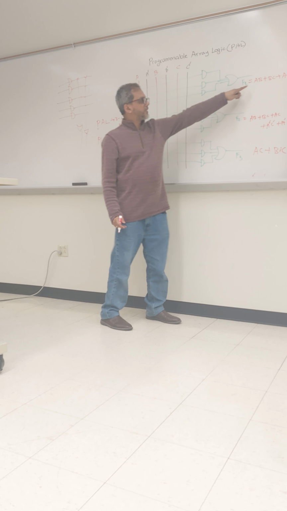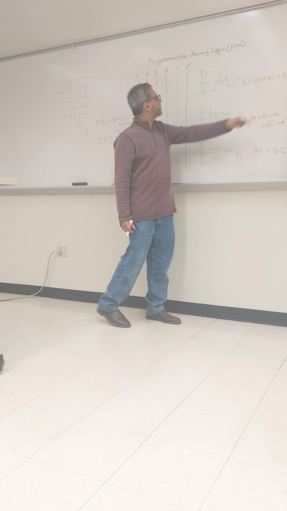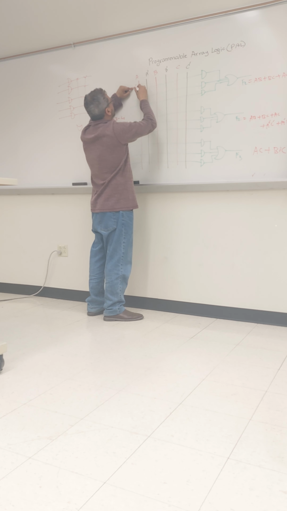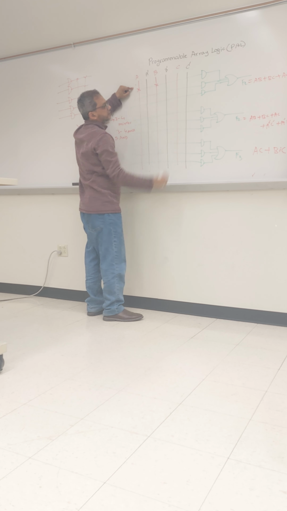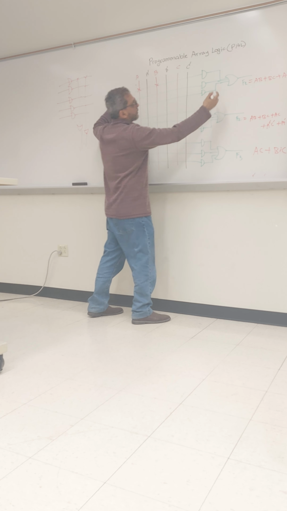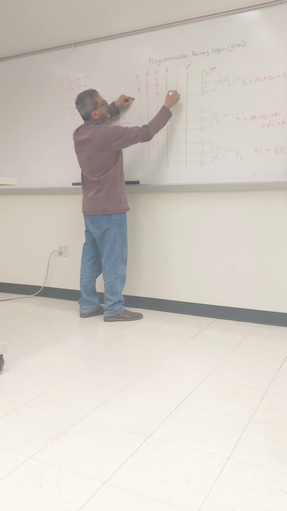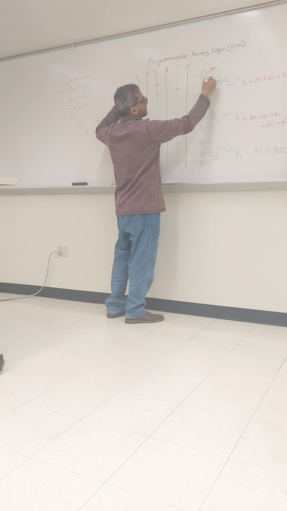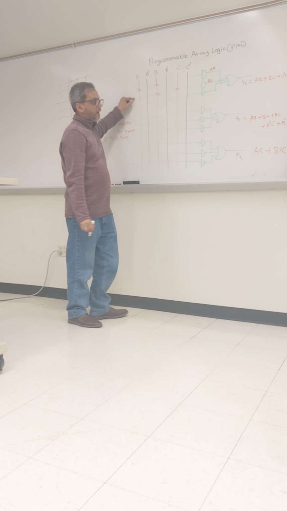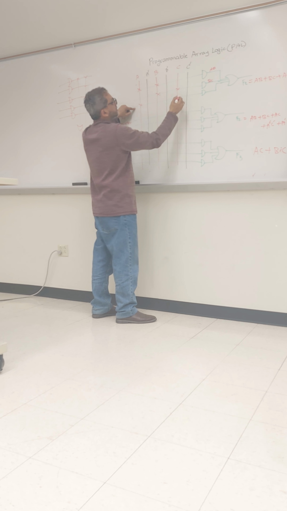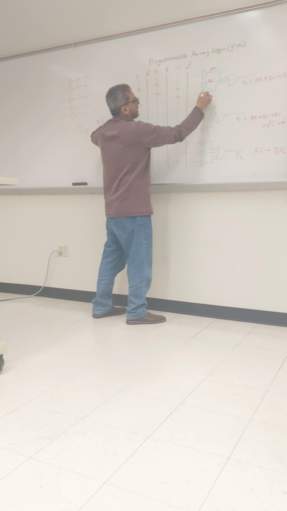So we need to create AB plus BC. Maybe this AND gate can give me AB, so I take A and B. Then this AND gate can produce BC, so B and C. And this AND gate can produce AC, A and C.